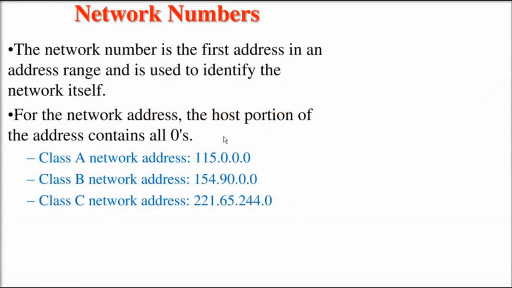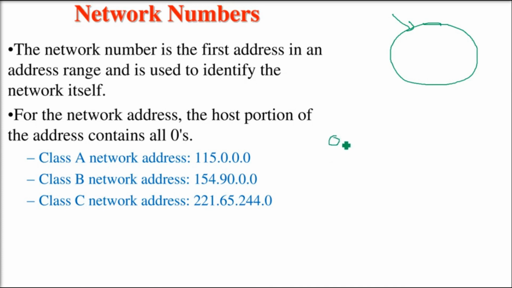Network numbers. The network number is the first address in an address range, and it is used to identify the network itself. If you have a network, for any communication we first need to know the network. Now, networks vary from one number to another. What is the network number of this network?